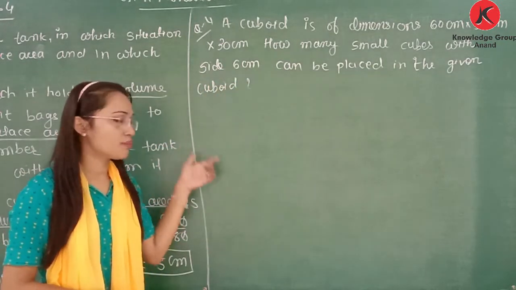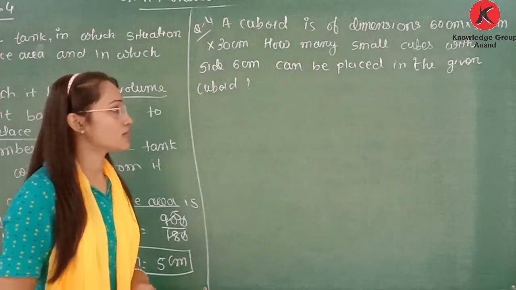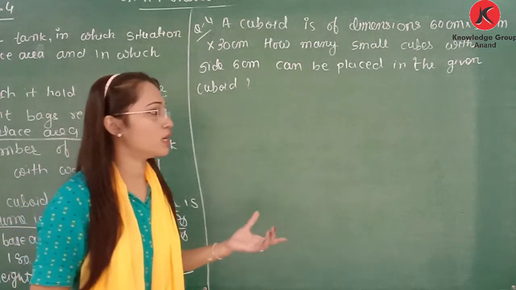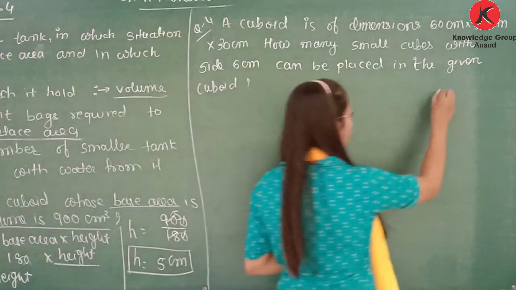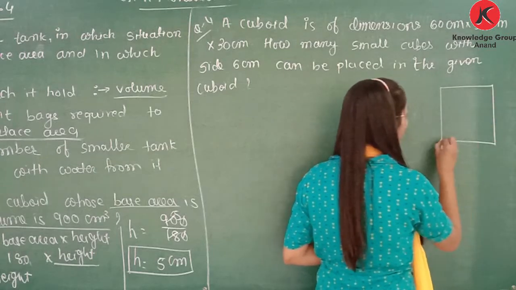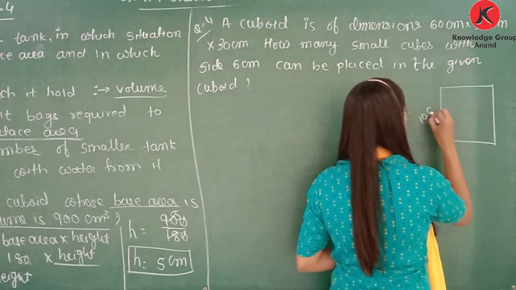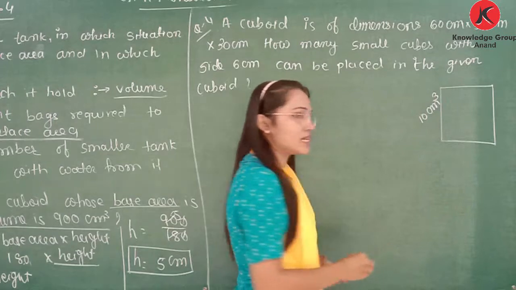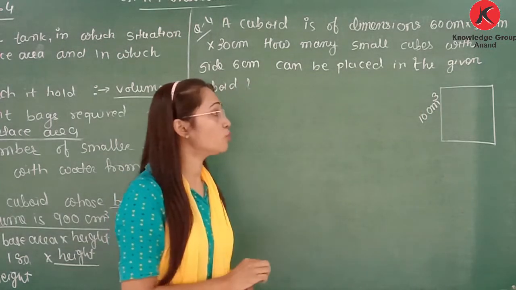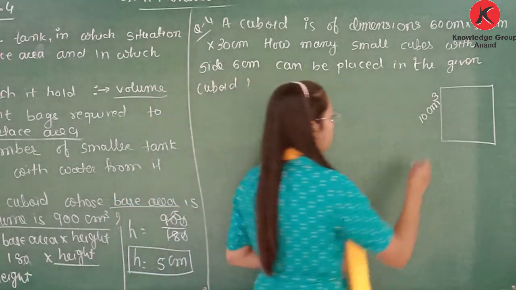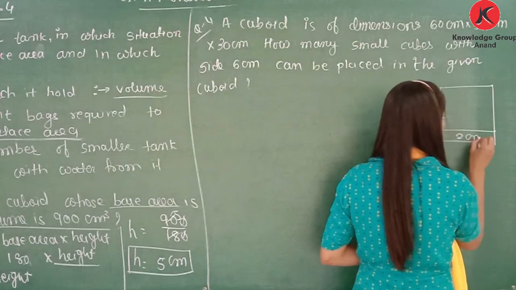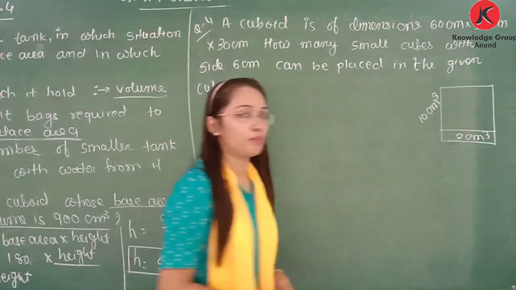This kind of example we already solved in textbook examples. In that case we took one bigger box. Let's consider the example again. If we have a box with capacity, or you can say volume, 10 cm cube and we want to place cubes whose capacity is 2 cm cube, how many boxes can we place?